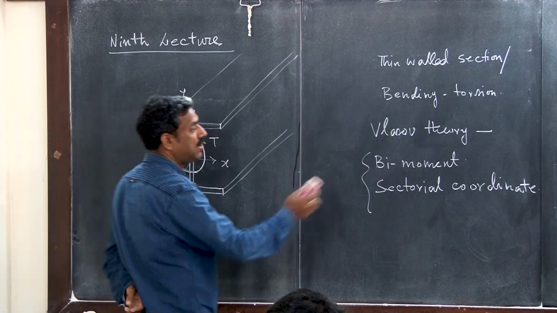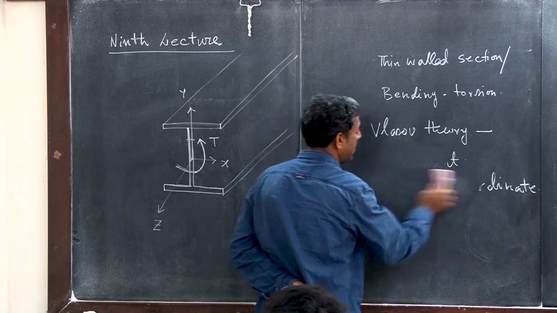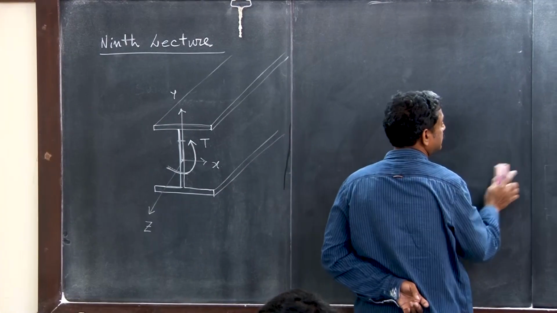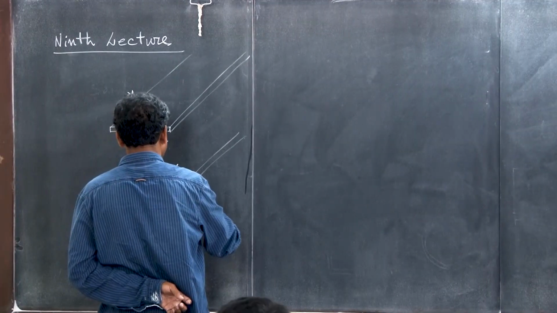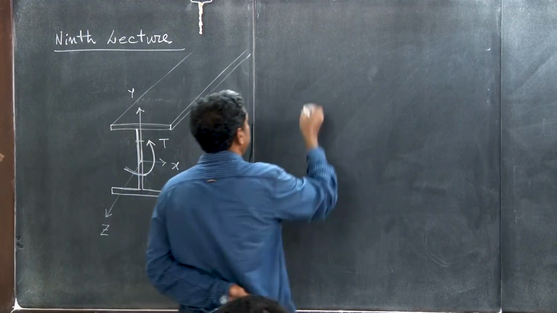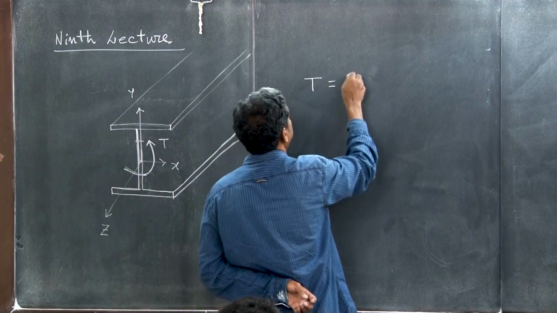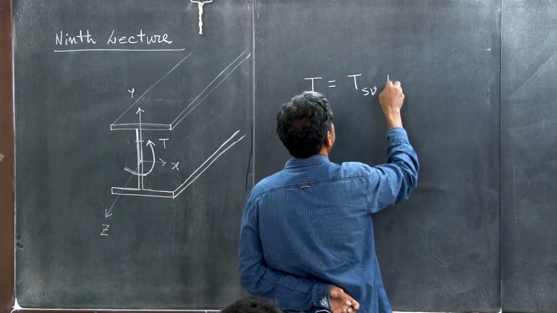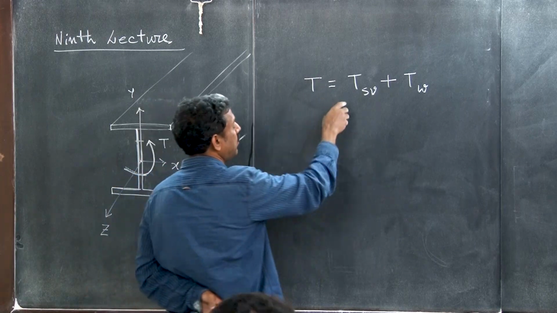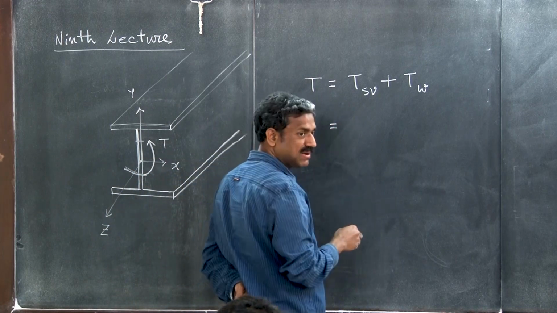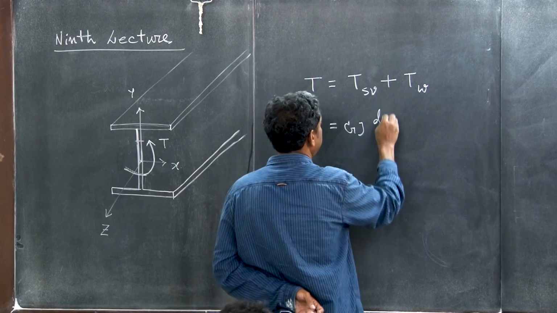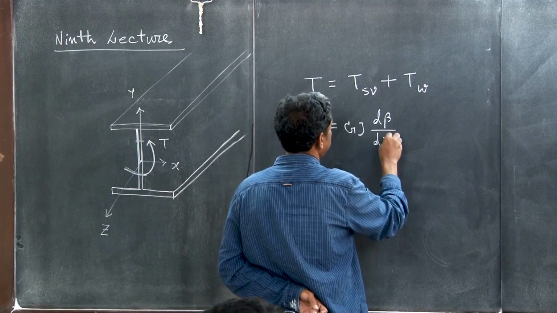So the total torque is basically contributed by Saint Venant torsion and warping torsion, right? We know the expression for Saint Venant torsion: G J d beta by dz.